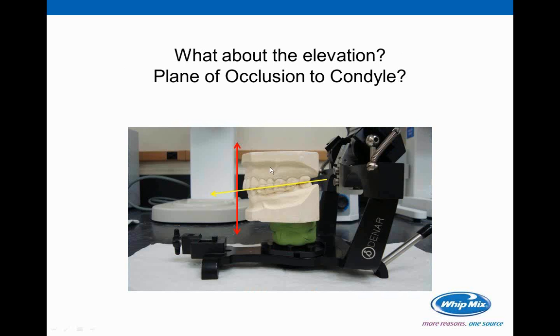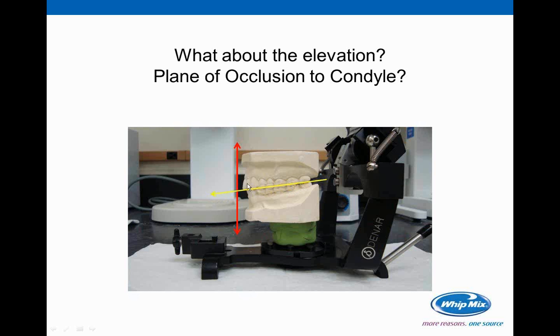All right, so how about the elevation here? We've seen before, and I'm sure you have too, huge columns of plaster or stone either on the bottom or the tops of articulators. And so where do we place this elevation of the occlusal plane relative to the condyle? That becomes an important matter. And then also, what is the angle of that plane of occlusion?